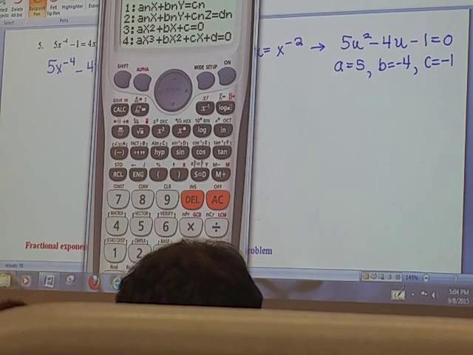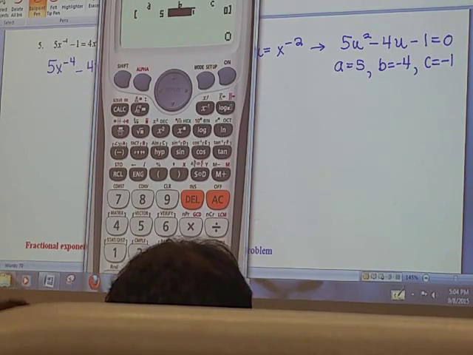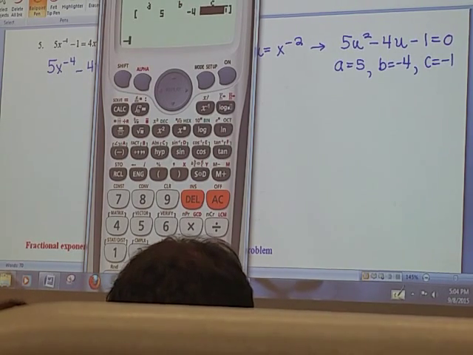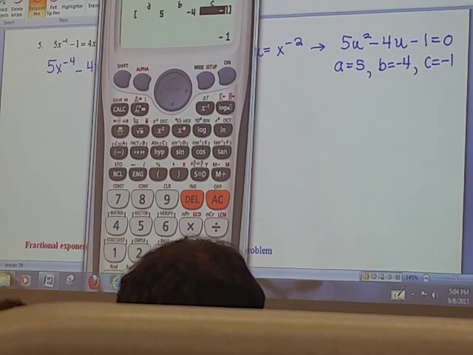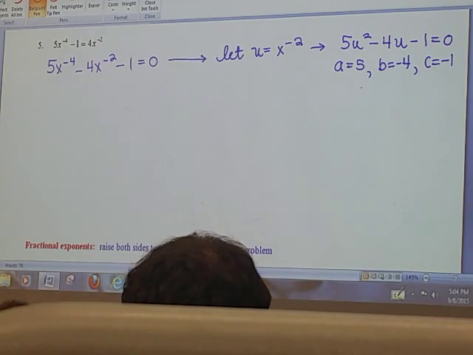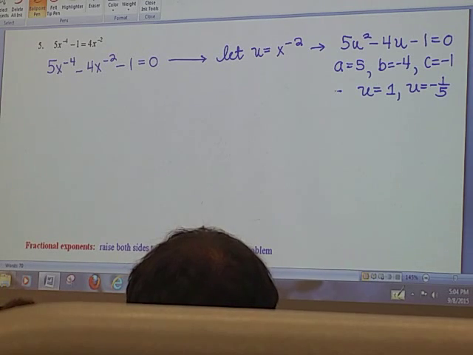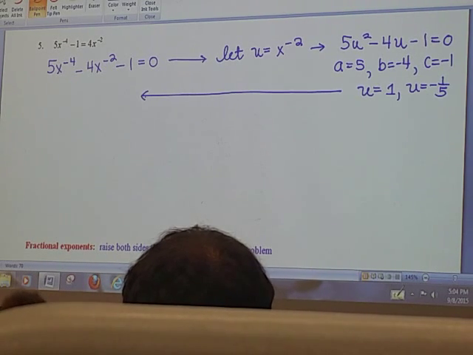Note equation number 3. 5, negative 4, and negative 1. 1 and negative 5. Back over here.